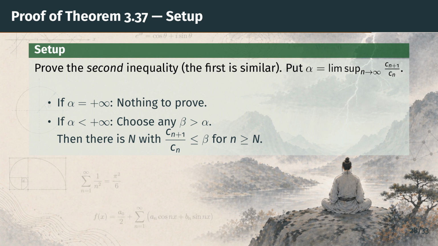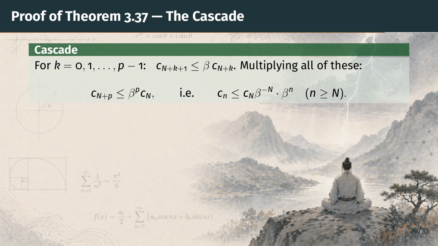Next, we cascade these inequalities, just as in the ratio test proof. Past the index N, each term is at most beta times the previous term. Writing this out for k running from 0 up to p minus 1, we get a chain of inequalities.